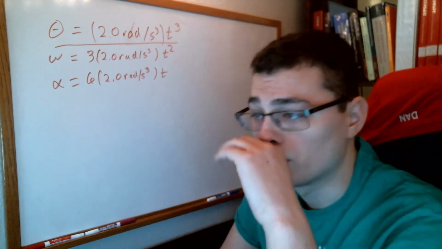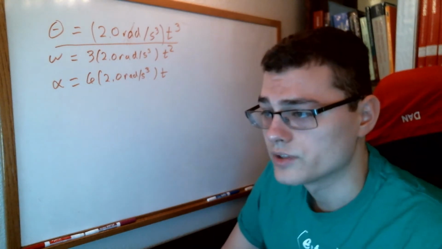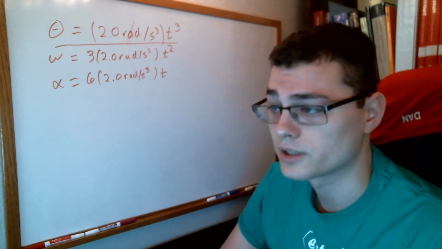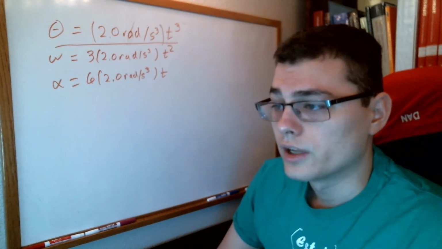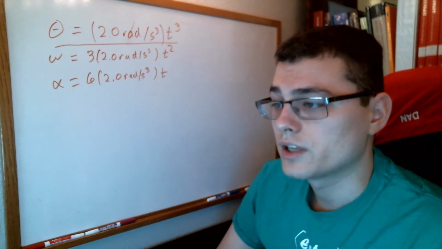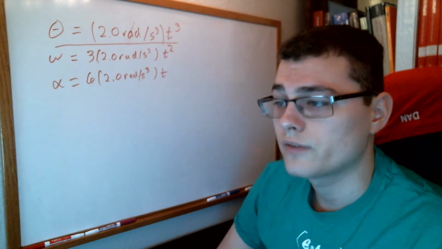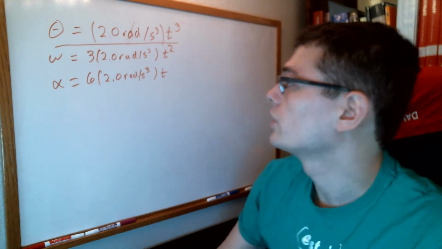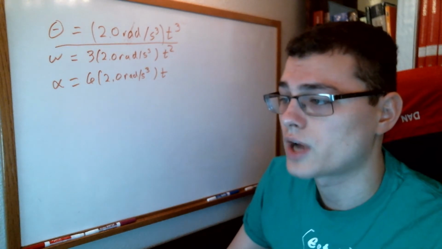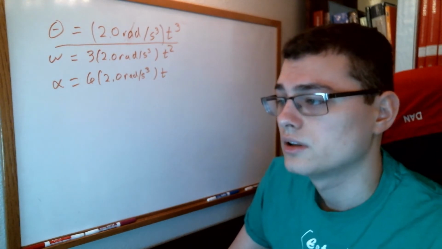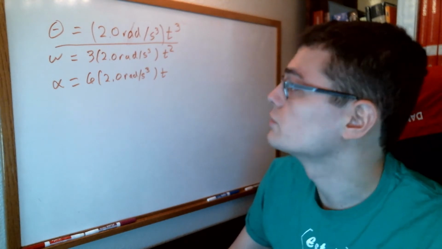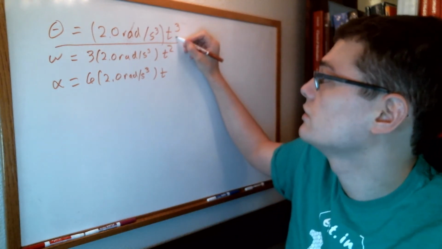And now we want to find the average angular velocity in radians per second and revolutions per minute. We're just going to do radians per second over that interval. To find the average angular velocity, we plug in those values for 5 and 2 and subtract them.